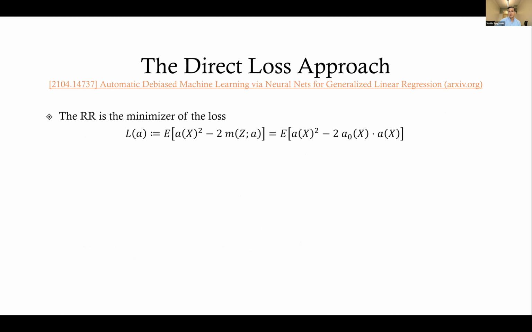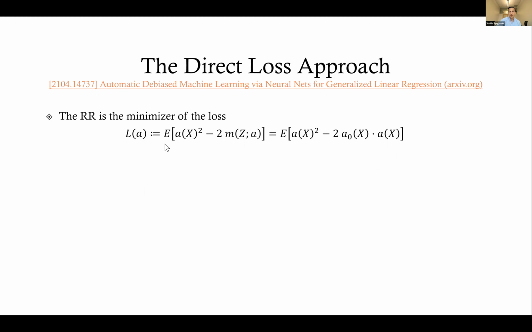And so this was the key idea in this paper on automatic debiased machine learning via neural nets for generalized linear regression, where the key observation was that you can view the Riesz representer as the minimizer of a stochastic loss, or risk.